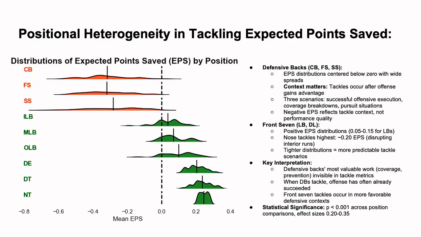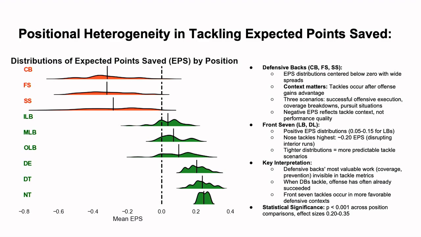Next, we can look at positional heterogeneity in tackling expected points saved. So this just shows the distribution of expected points saved by position. We can see here, notably, cornerbacks, free safeties, and strong safeties tend to have distributions that are below zero with wide spreads. And this is a result of context. Tackles typically occur after the offensive gain advantage for these players.